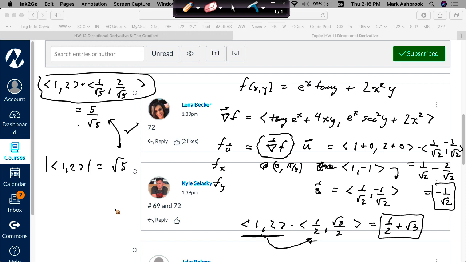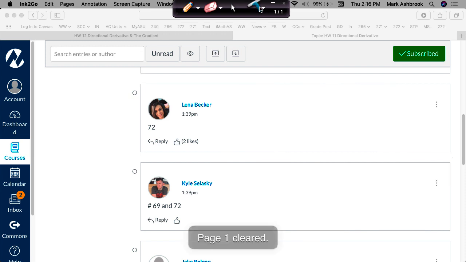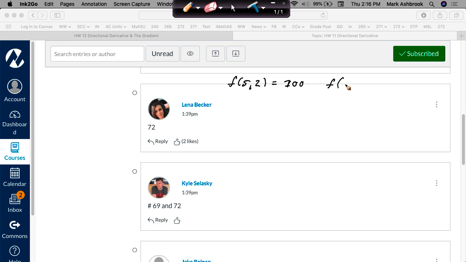So f of 5, 10 is 200, and f of 5.2, 9.9 is 197.